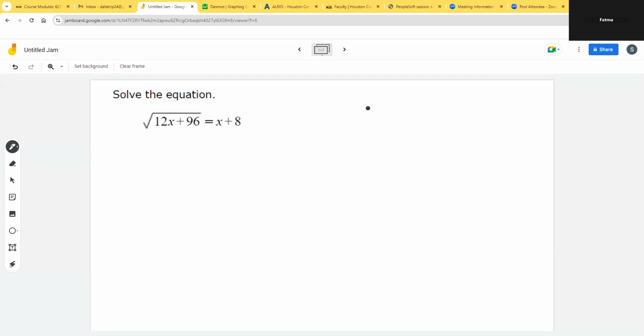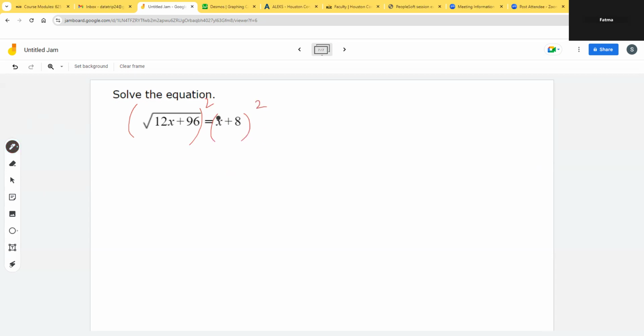What's the first question we need to ask? Is the radical isolated? Yes. If it is isolated, it allows us to square both sides. So I'm ready to go ahead and square both sides. Therefore, I'm putting each side in parentheses and raising them to the second power.